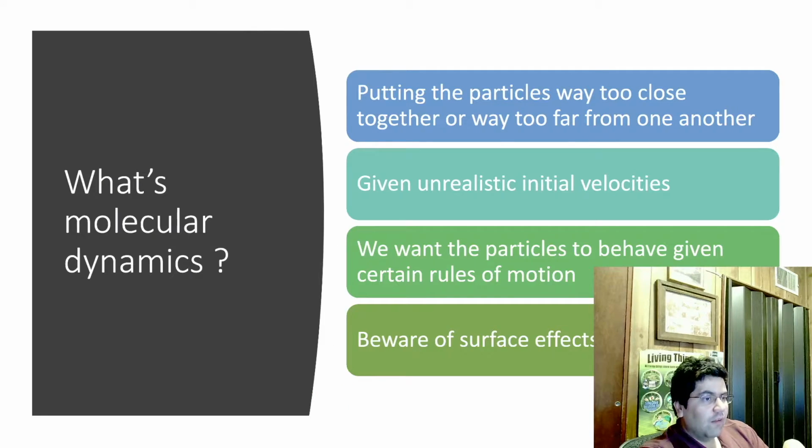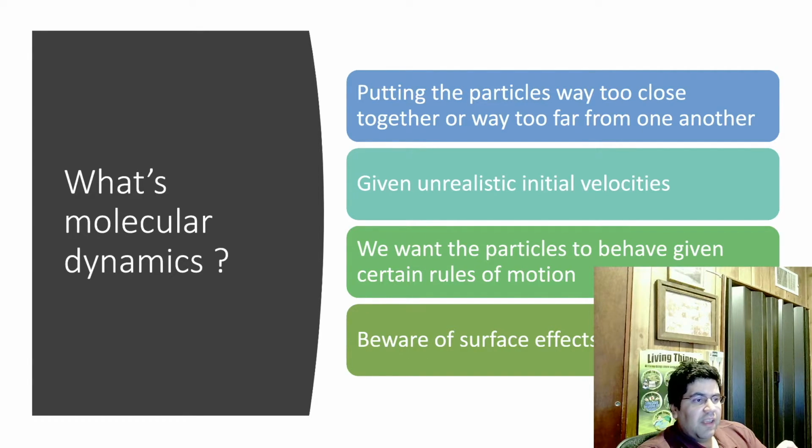What are the few things that we do incorrectly when we're doing molecular dynamics? The first thing is that sometimes we put the atoms too close together. If they are too close together and you run a simulation, then probably everything is gonna blow up. Another thing is that we must give realistic initial velocities.